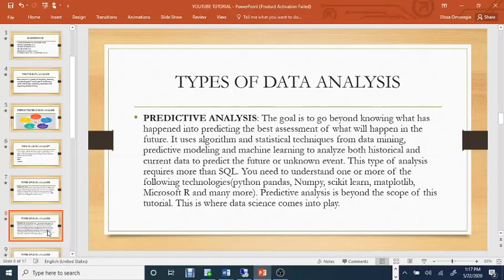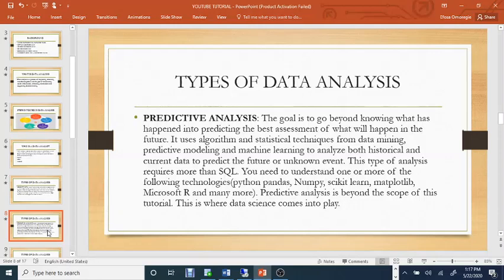If you want to move on from being a descriptive analyst into being able to come up with predictive analytics, that's fine as well. It's just for you to have a complete knowledge of the different types that we have. For predictive analysis, you are leveraging your descriptive analysis and taking it a step further.